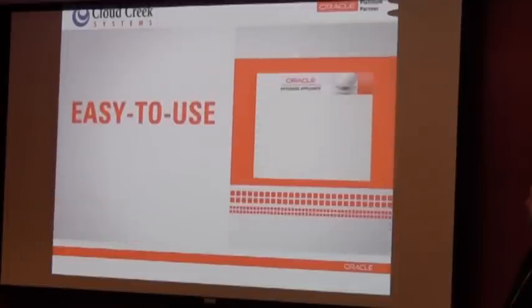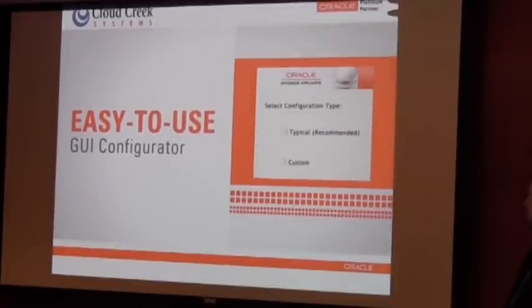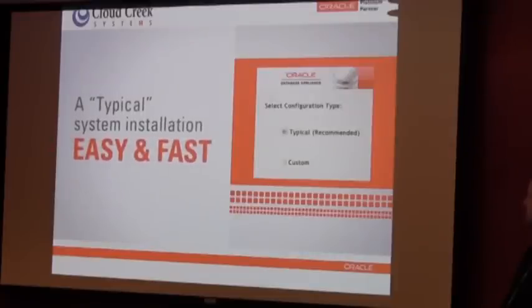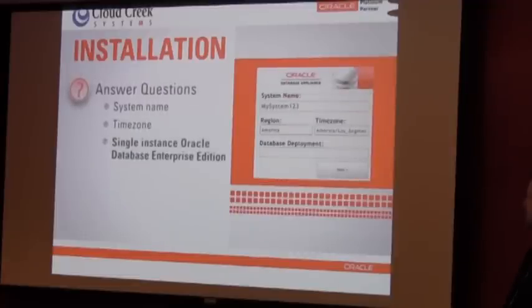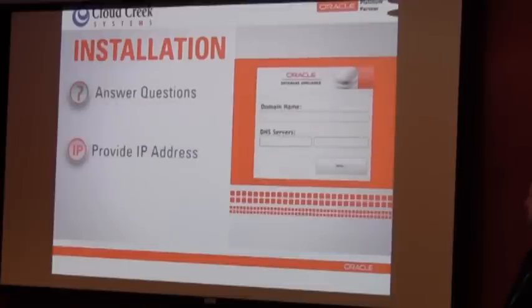This easy-to-use GUI configurator will ask you whether you want to do a typical or custom installation. A typical system installation is easy and fast. Answer a few questions, such as the name of your system and time zone, Single Instance Oracle Database Enterprise Edition, RAC or RAC 1 node. Provide the IP addresses for the public interface for each node.